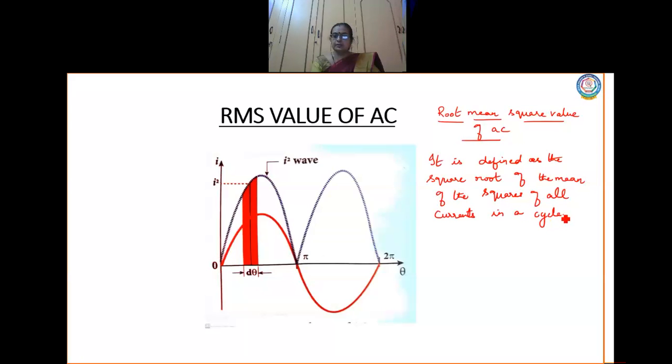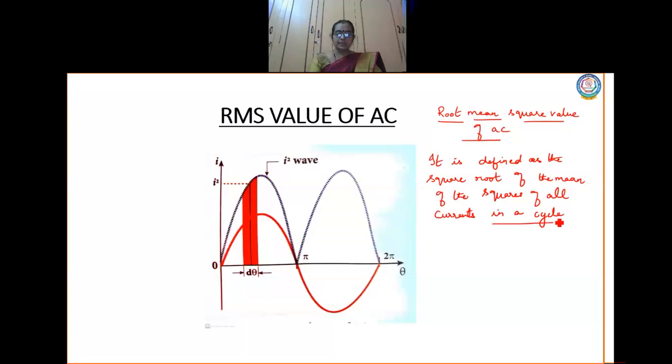I mean, we are going to talk about one full cycle. When we were calculating the average value of AC, we took the value for half cycle. First we took the positive half cycle, then it was calculated for the negative half. That is one method. Now here, in this root mean square value of AC, we are going to calculate the value of alternating current by taking one full cycle of AC.